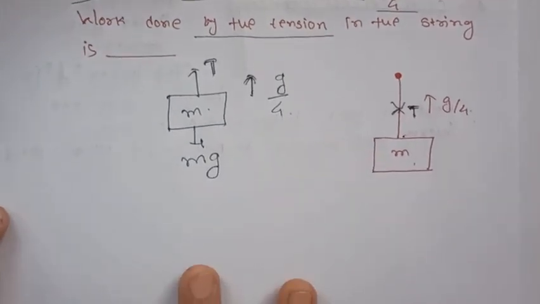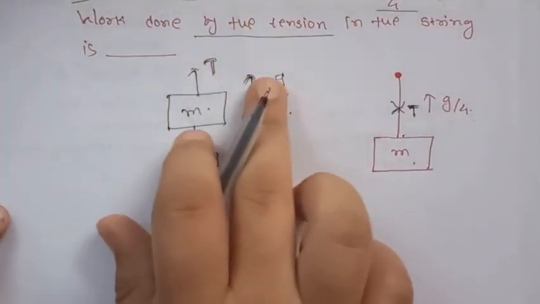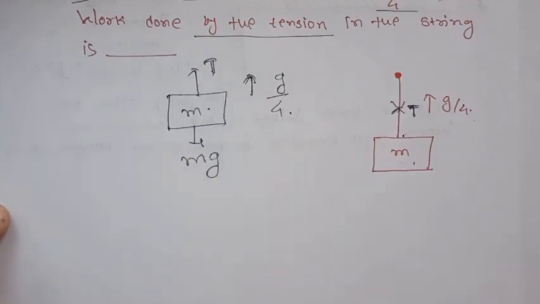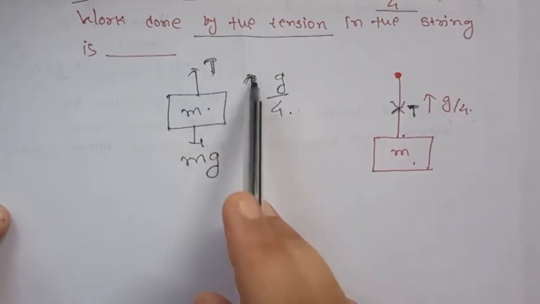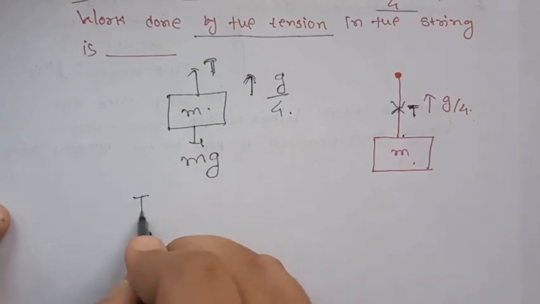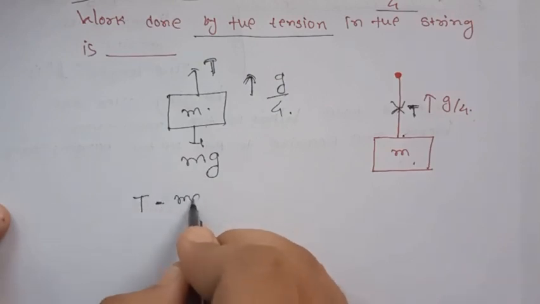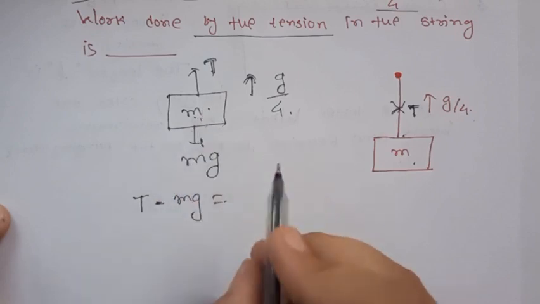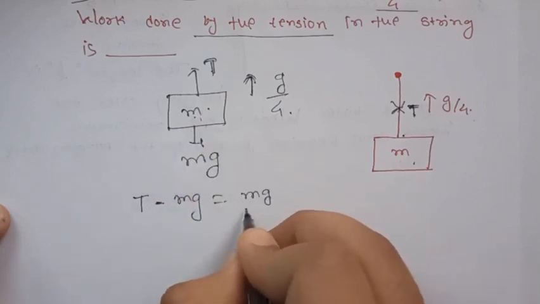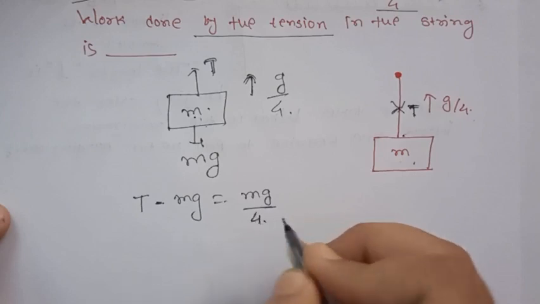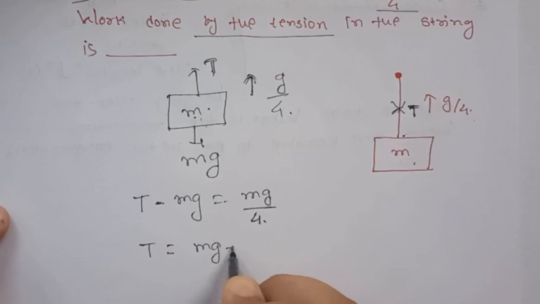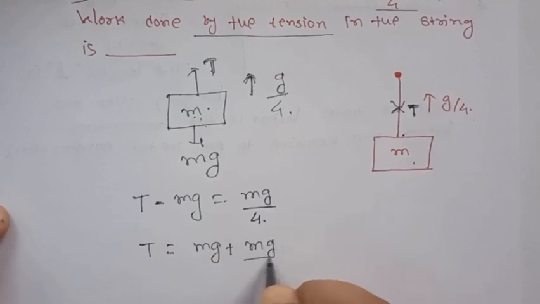The tension force will be more because the block is moving upward. So T minus mg is equal to the net force of the block, which is mg by 4. So the tension force will be mg plus mg by 4, that will be equal to 5 mg by 4.